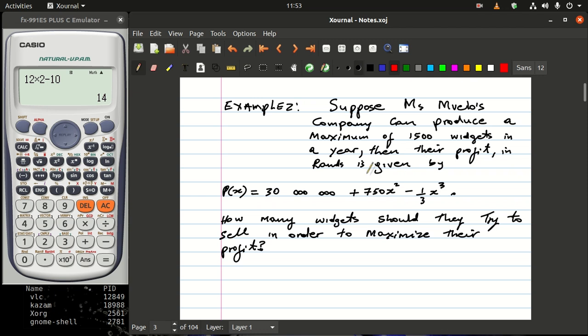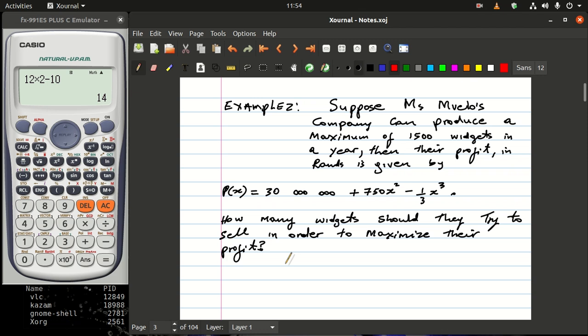Then their profit in rands is given by this function, P of x equals 30 million plus 750x squared minus 1 over 3 x cubed. How many widgets should they try to sell in order to maximize their profit?